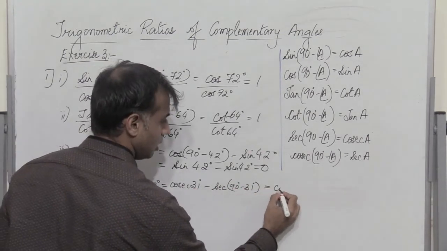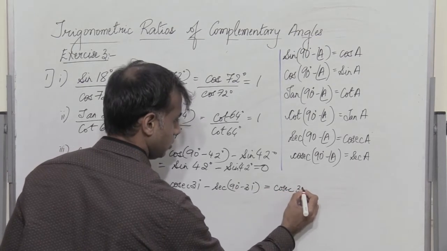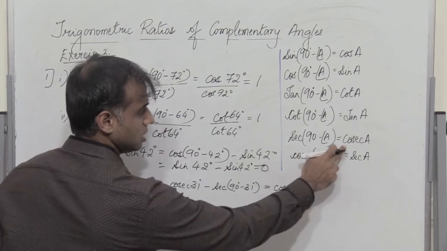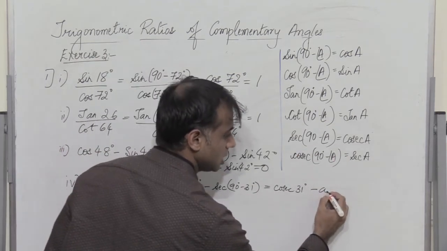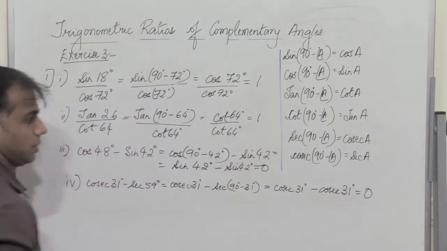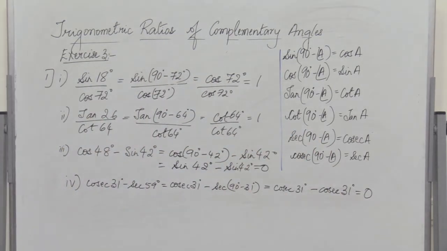So what do I get? Secant of 90 minus A is cosecant A, so I have cosecant 31 minus cosecant 31, which is 0 here. So the first two you get the answer as 1, and the next two you get the answer as 0.